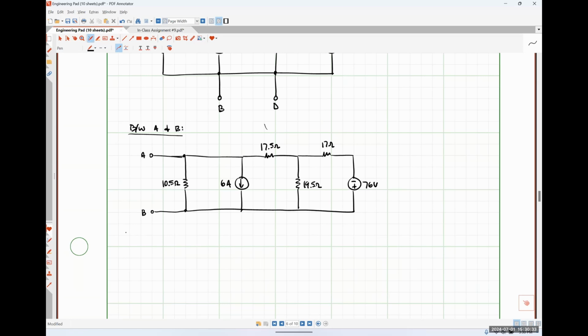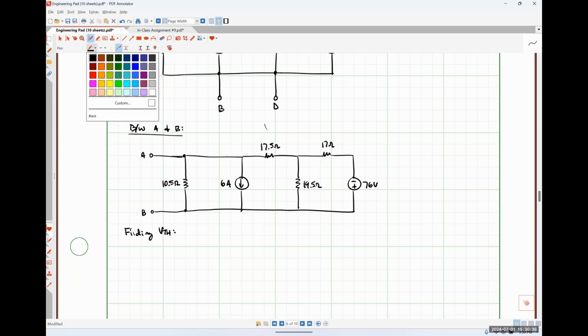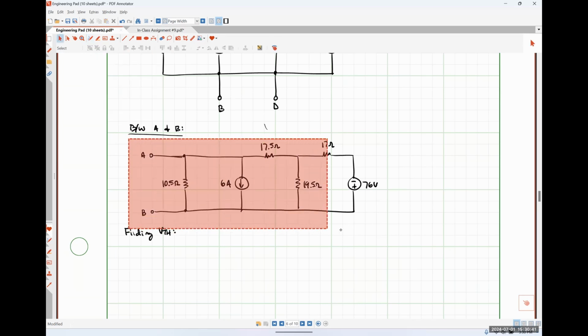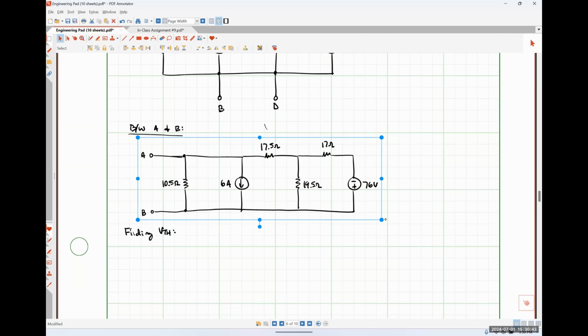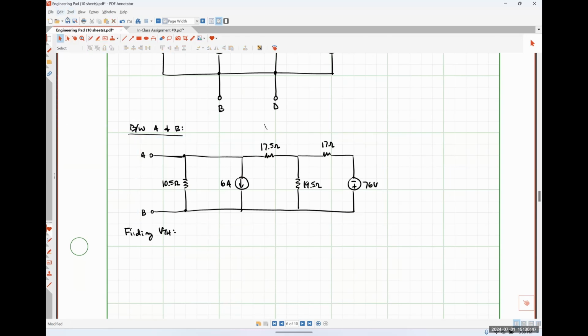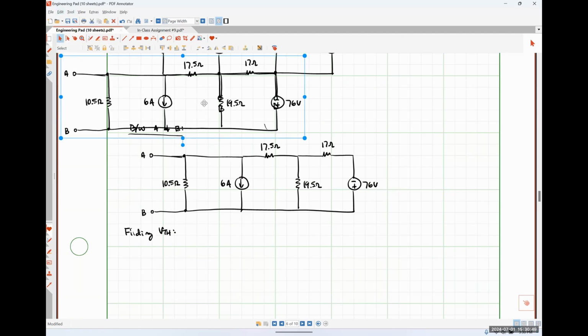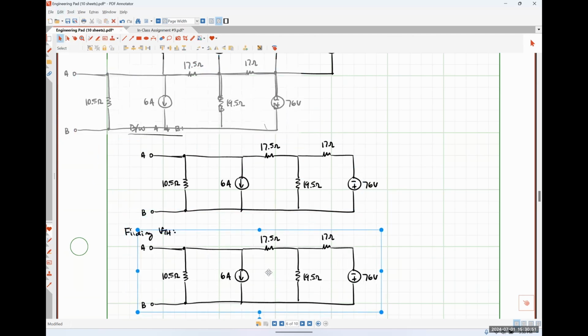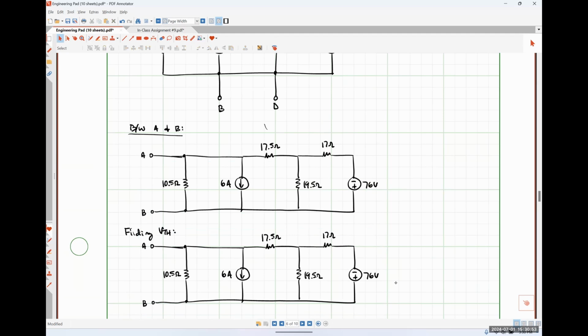So let me just make a copy of this thing, and let's throw the positive polarity on top.